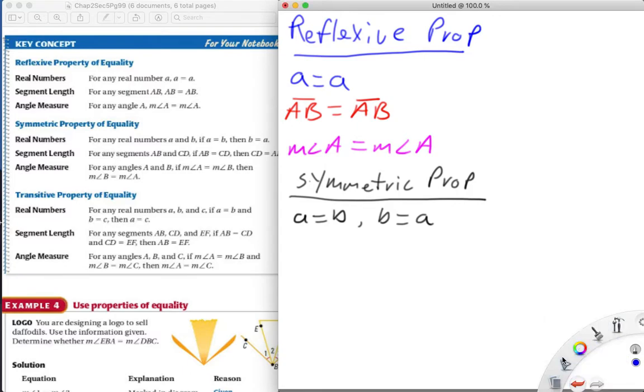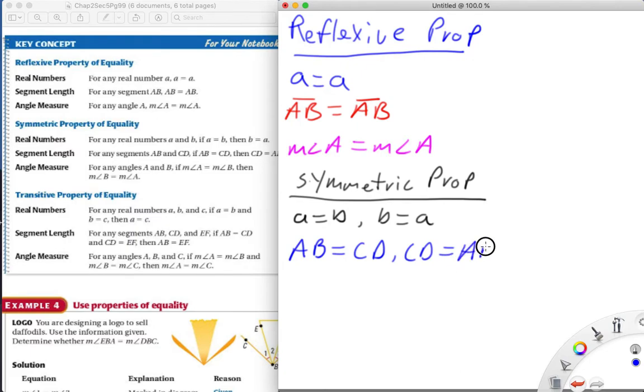If segment AB is equal to segment CD, then segment CD is equal to segment AB.